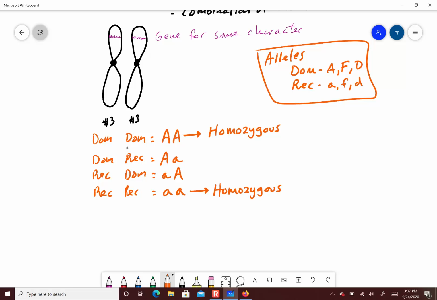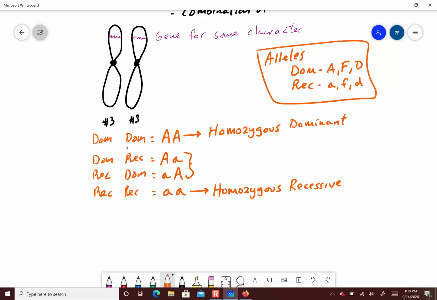So this name means same allele. So homozygous, if it's two big A's, we're going to call it homozygous dominant. Because if we just say homozygous and leave it at that, it just means they're both the same, but we don't know what kind it is. So homozygous dominant tells us two dominant alleles, or it can be homozygous recessive, two recessive alleles.